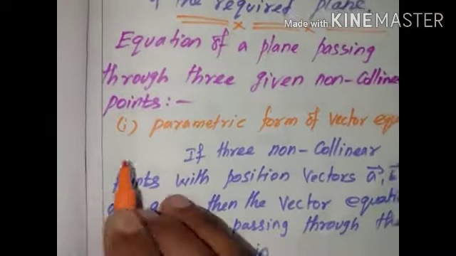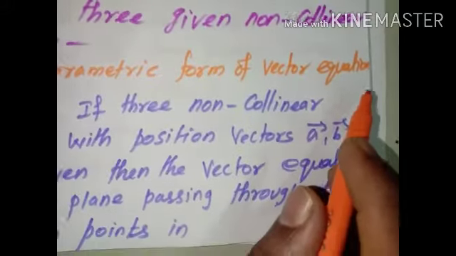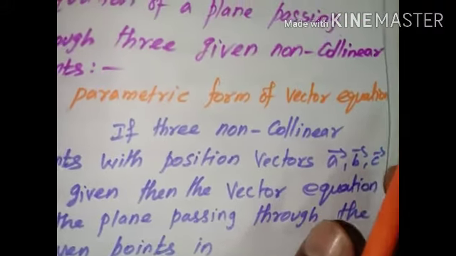So now the first condition, parametric form of vector equation.